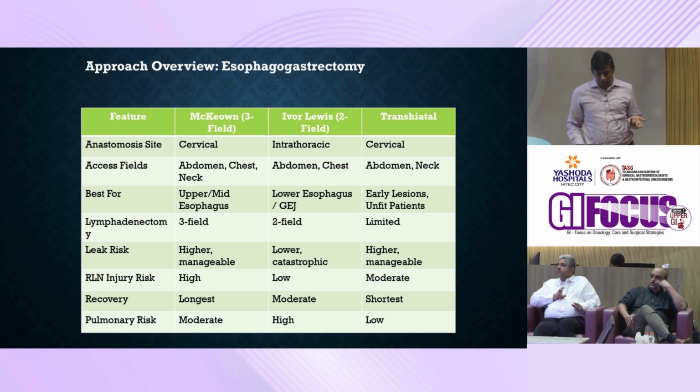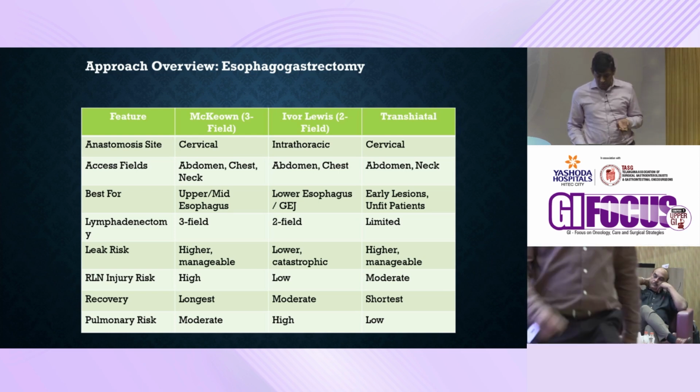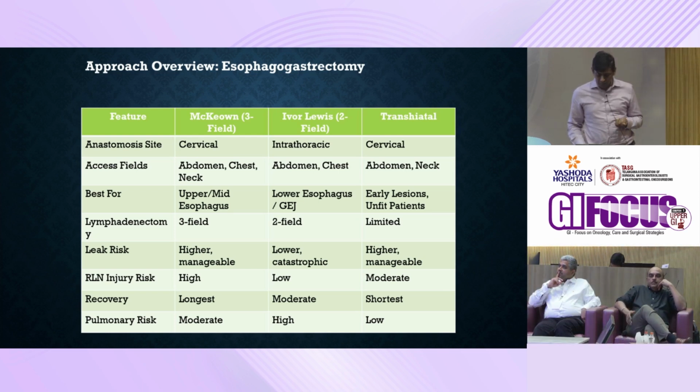For injury to the recurrent laryngeal nerve, the three-field approach definitely has a higher risk, but with minimally invasive surgery even that has come down. Recovery is much longer for McKeown compared to Ivor-Lewis and transhiatal. Pulmonary risk is again moderate for McKeown compared to Ivor-Lewis.